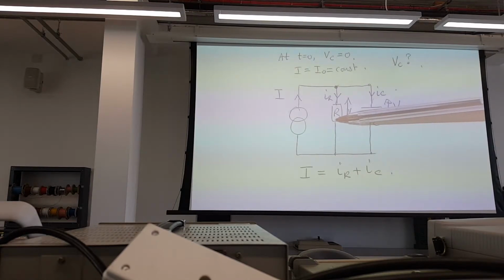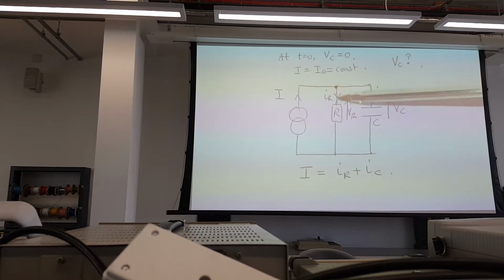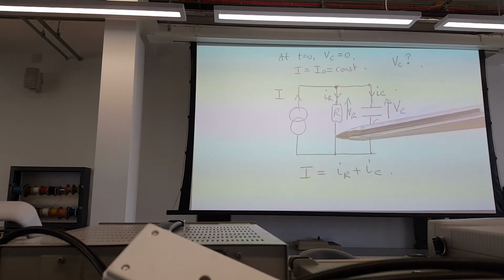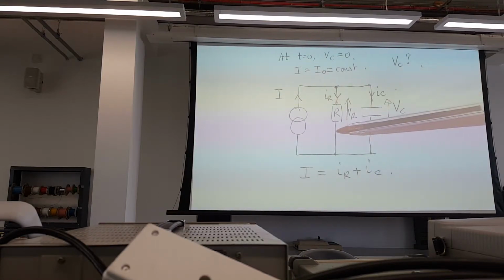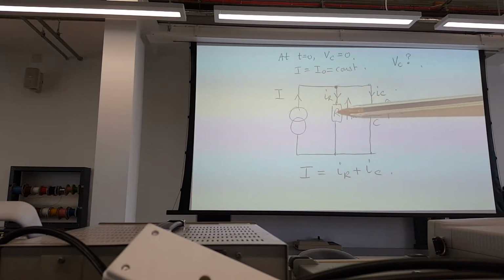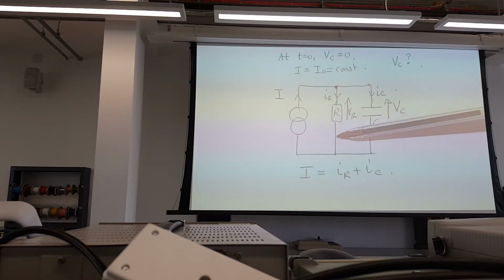Until such time as the current in the resistor takes all of I naught. All of I naught is now flowing through that resistor, and the voltage across the resistor has increased to the point where no more current flows into the capacitor, and won't flow any more into the capacitor.